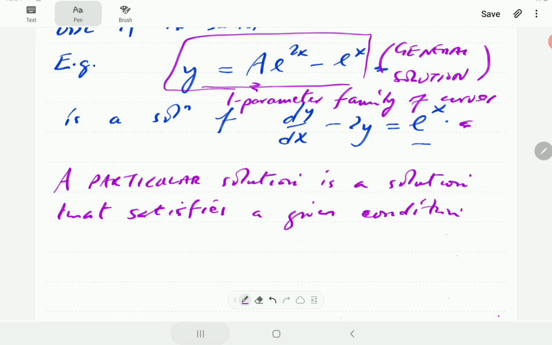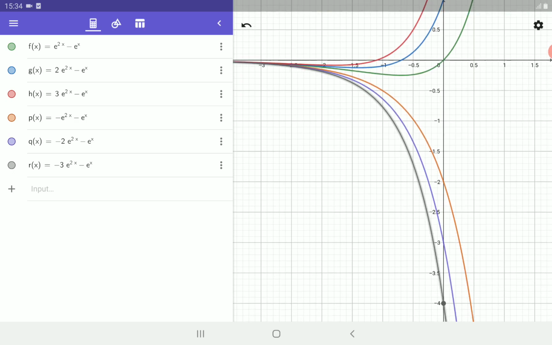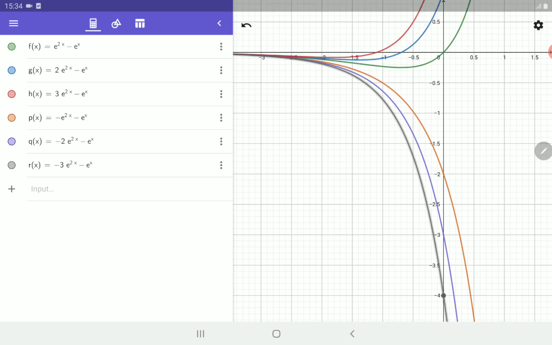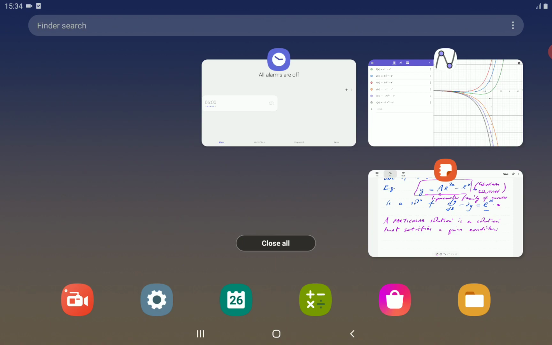For instance, in our case here, we could say find the solution going through, say, (0, -5). See, this last one here goes through -4. Suppose the one that goes through (0, -5), then that would be a particular solution.